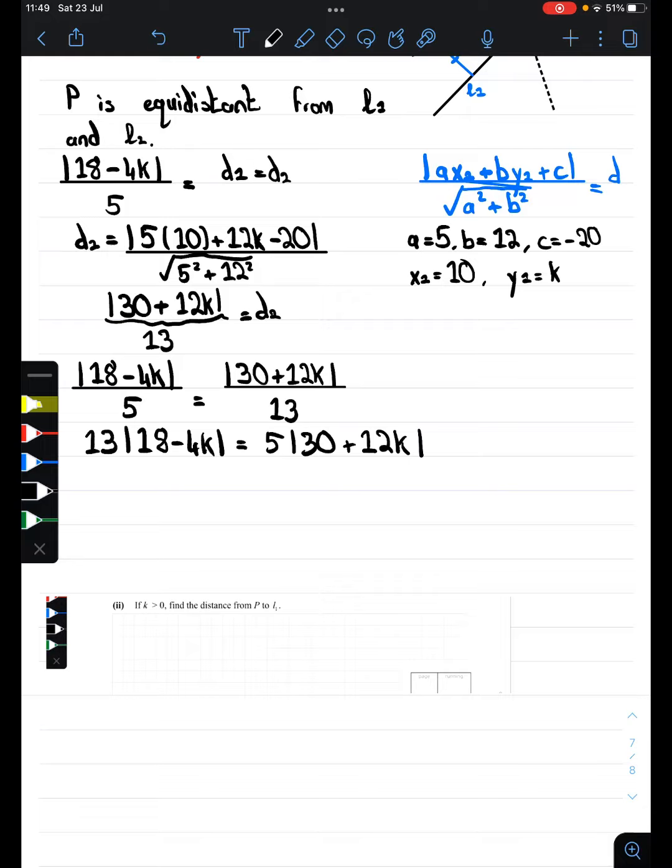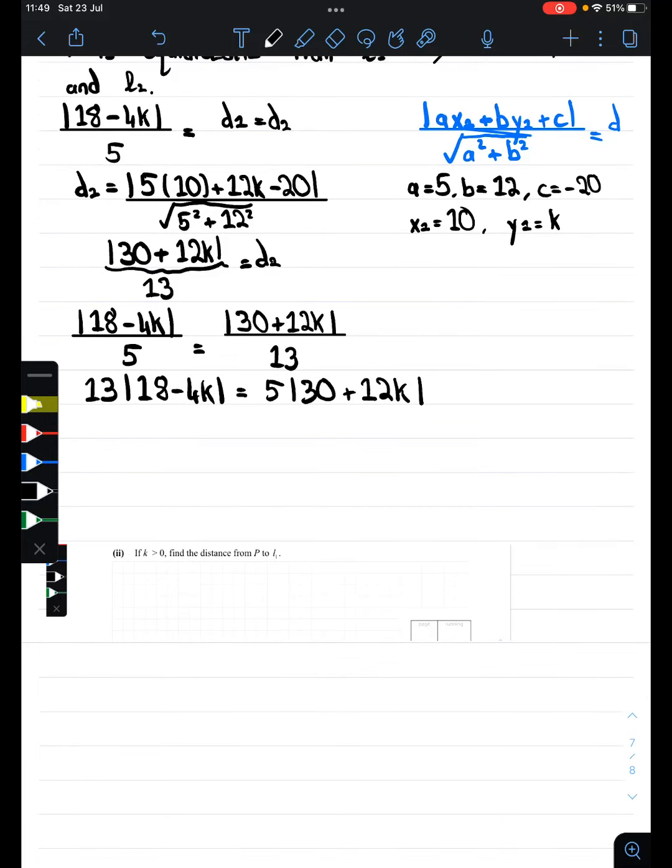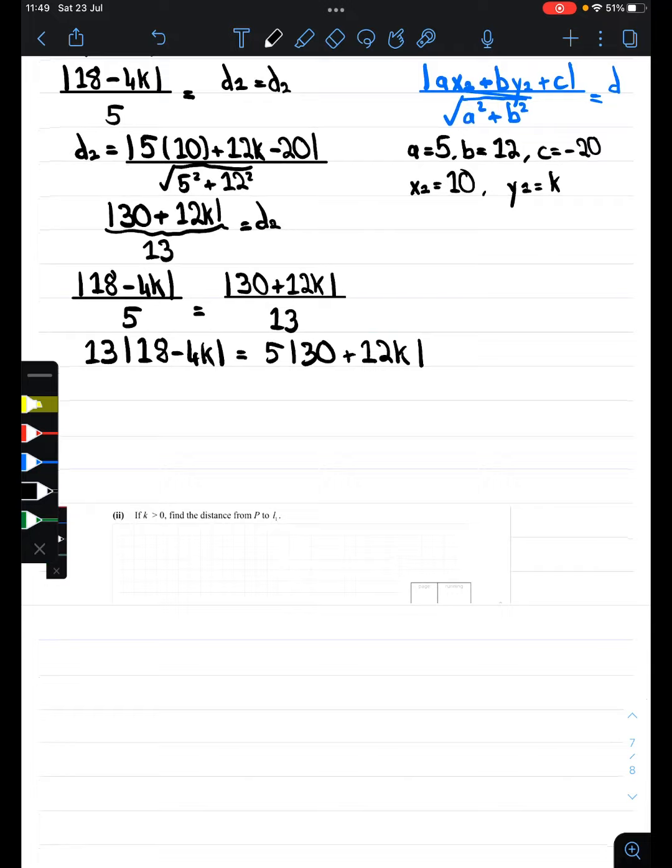Okay, so we could multiply the 13 inside and the 5 inside the absolute value, but it would just be the same thing as letting this be a plus or minus.